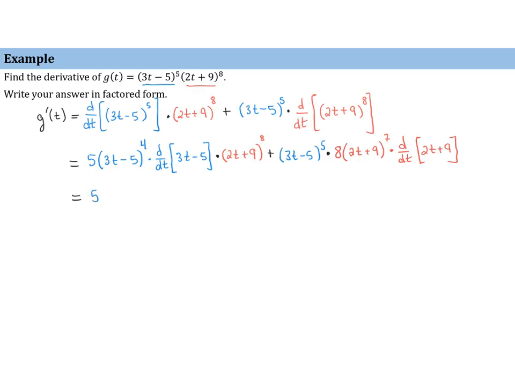So we obtain 5 times (3t minus 5) raised to the 4th times, now the derivative of 3t minus 5 is just 3.